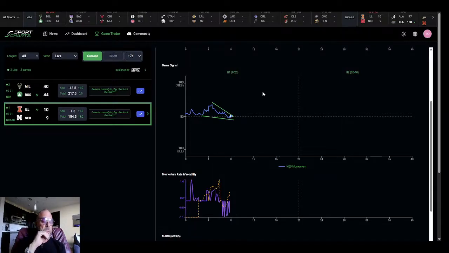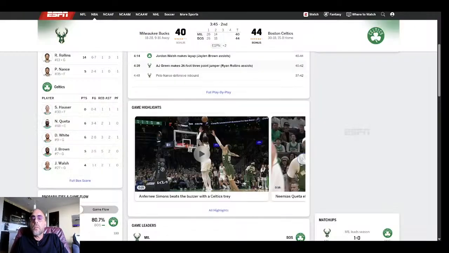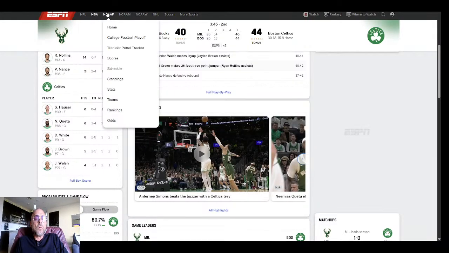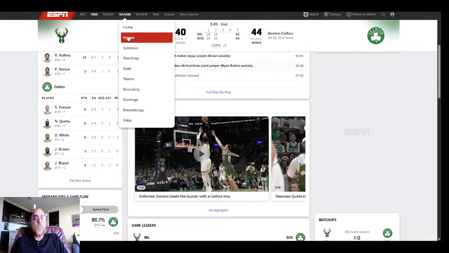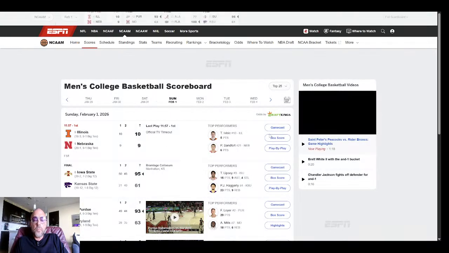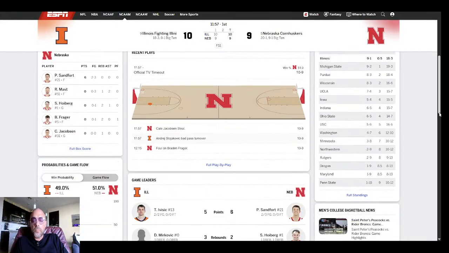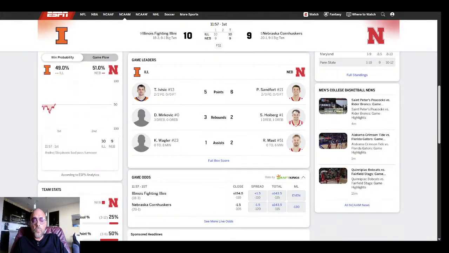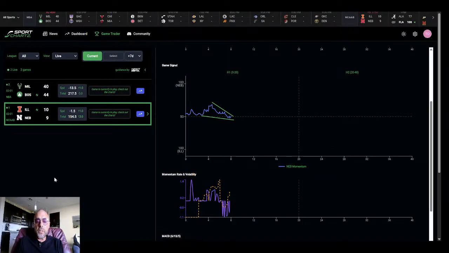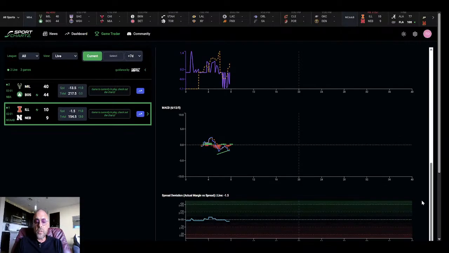Oh, back to minus 1.5. Is that the close? All right, so it's right back. This looks like it wants to break out. Like Nebraska's gonna go on a run.